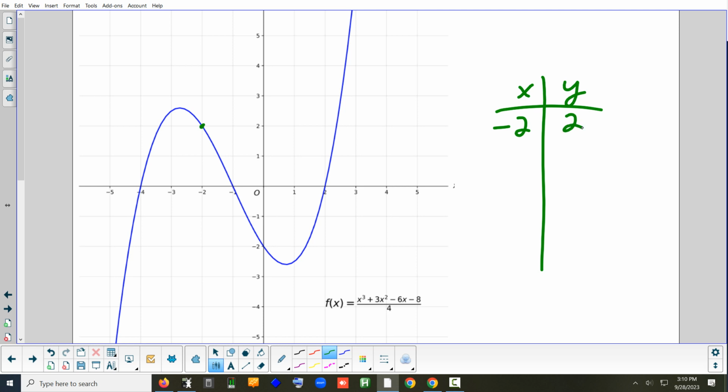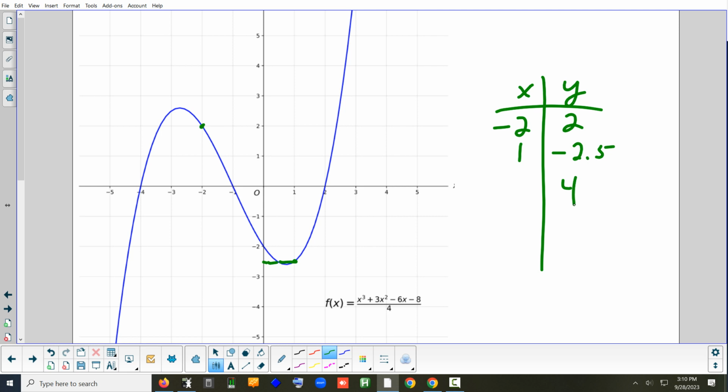How about when x is 1, what does it look like the y value would be? Negative 2.5. Yeah, when x is 1, right about there, I'd say that's about negative 2.5. All right, let's do it the other way. How about when y is 4?